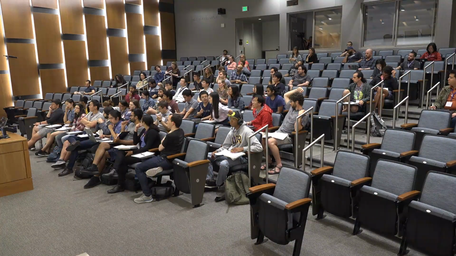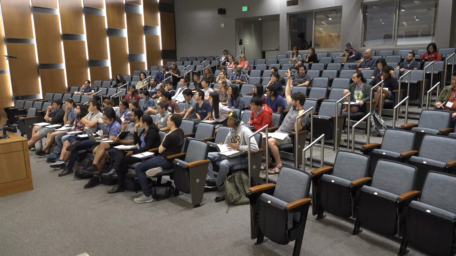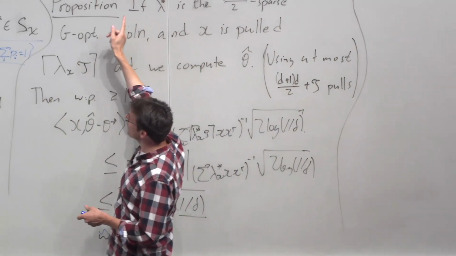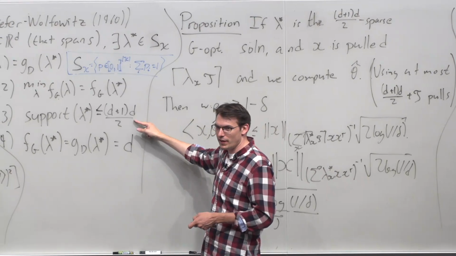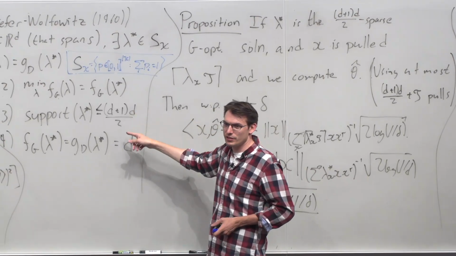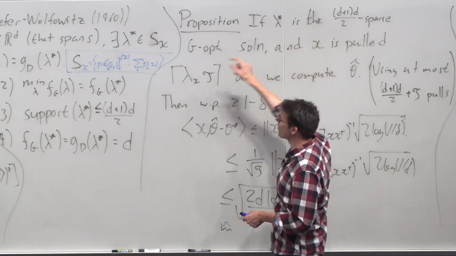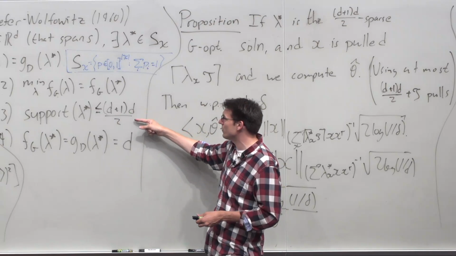Yeah? Proposition, just using at most d plus 1 times d over 2 plus tau pulls. Is that part of the proposition? Something we concluded from the algebra we just did? Both. I mean, this is immediate from the fact that lambda star is a d plus 1 d over 2 sparse vector that satisfies this solution. So this lambda star is the one from this proposition. And so it has at most d plus 1 times d over 2 non-zeros.